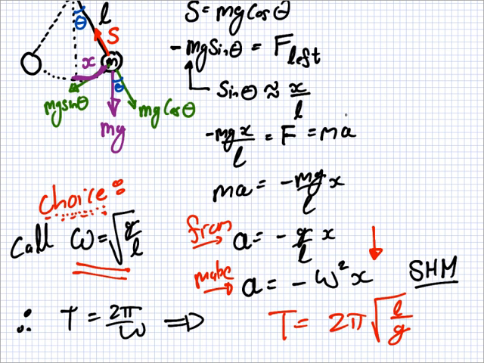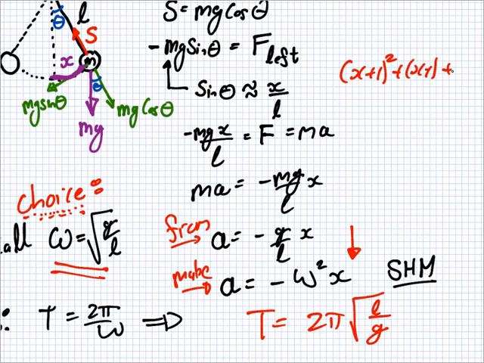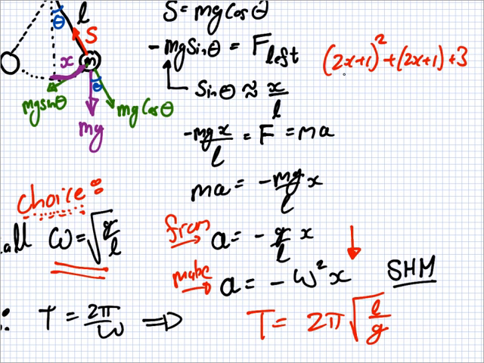You know, for example, if I said x plus 1 squared plus x plus 1 plus 2, you might say make u equal to x plus 1. Have you seen this in maths? Like if I say 2x plus 1 squared plus 2x plus 1 plus 3, you might want to call this guy u, because then you would have u squared plus u plus 3.